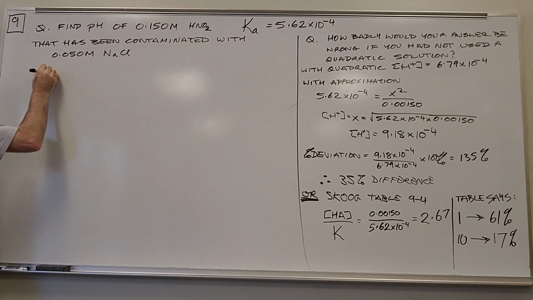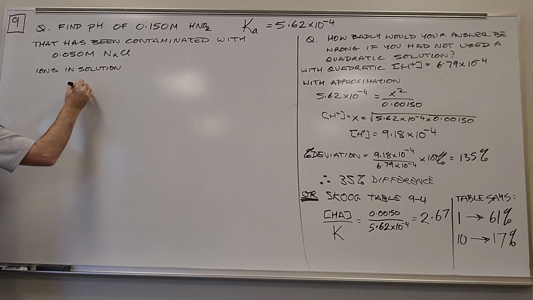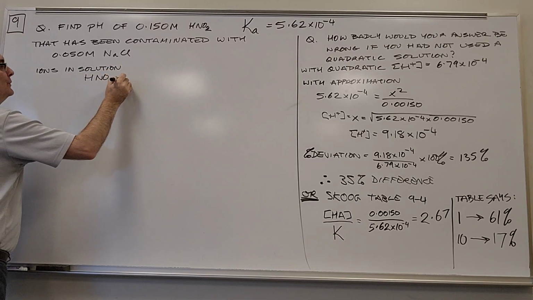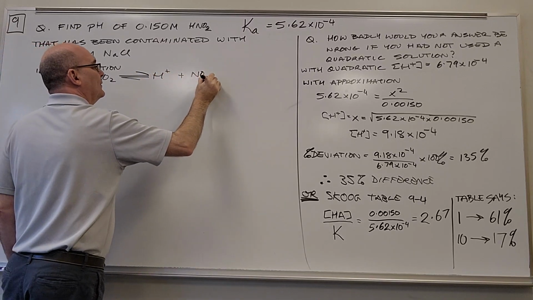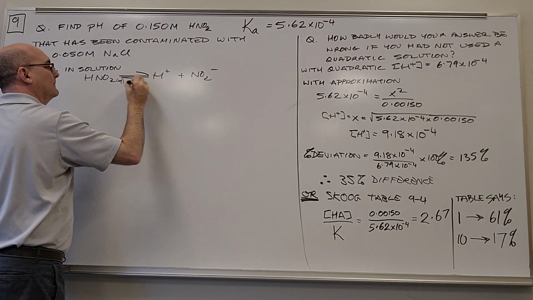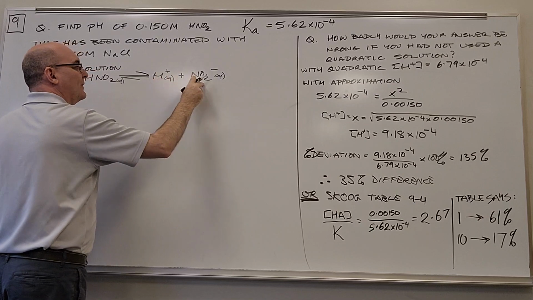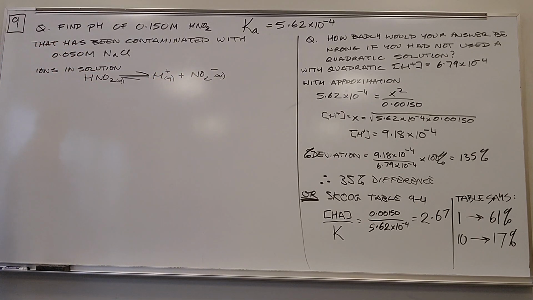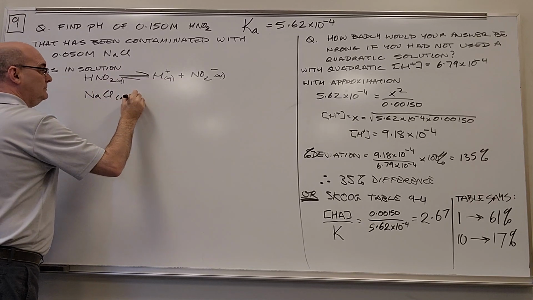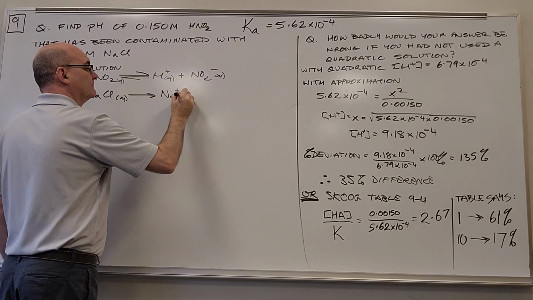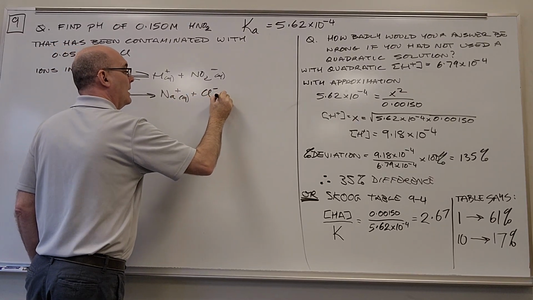Let's look at what our ions in solution currently are. I have HNO2, which is in equilibrium with H plus and NO2 minus. These are very small numbers. And I have NaCl.